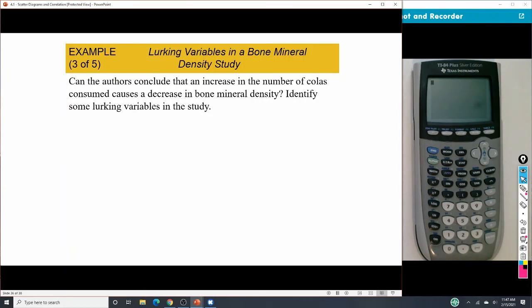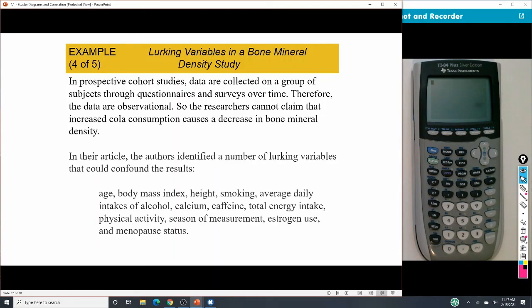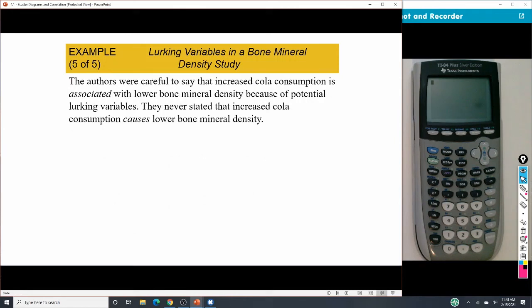All right, so can they? Well, first of all, let's look at our lurking variables in those, okay? So they did a cohort study, and they had to take into effect age, body mass, weight, or height, smoking, average daily intake of alcohol, calcium, caffeine. All these different things can play a role.